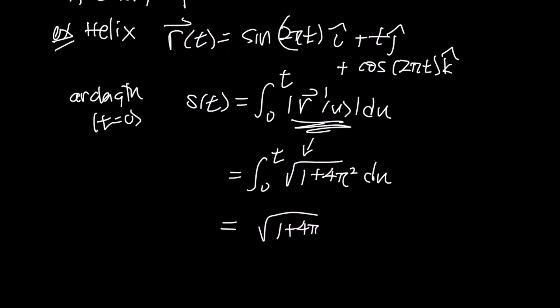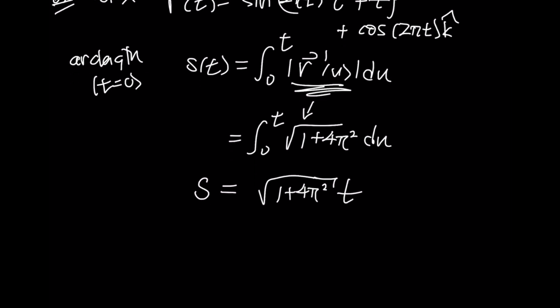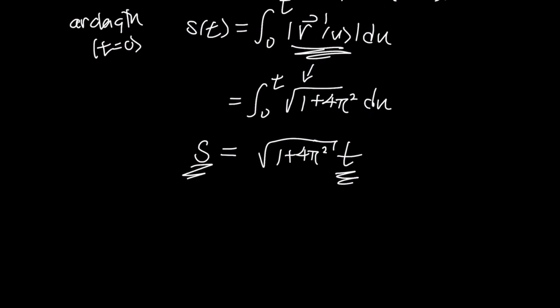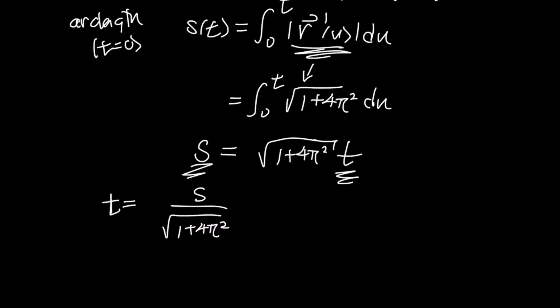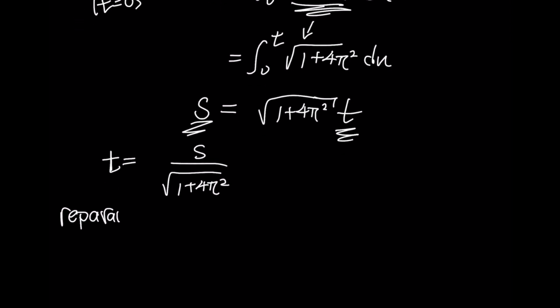So I have a relationship. This tells me how to connect the old parameter to the new parameter. We can reorganize this for t and get s over the square root of 1 plus 4 pi squared. So now I'm going to re-parameterize the curve in terms of this arc length function. Wherever I saw a t, I'm going to replace it with this quantity.